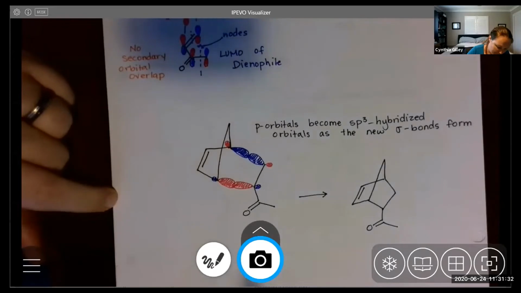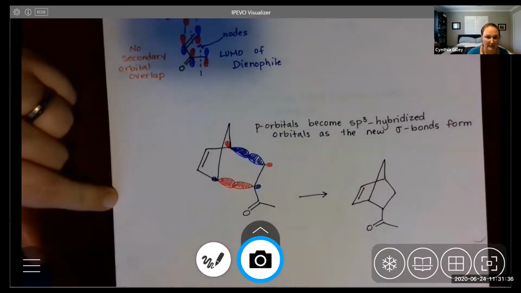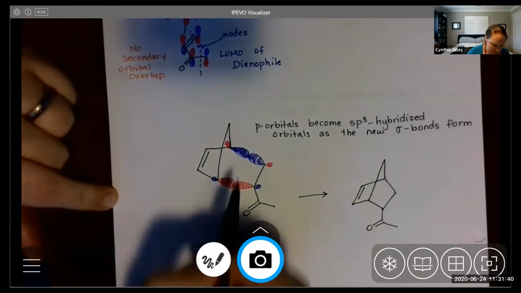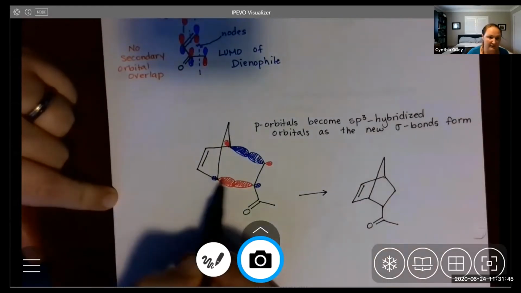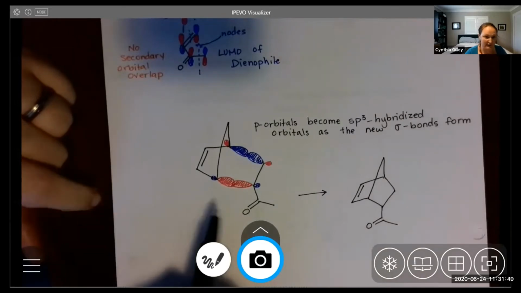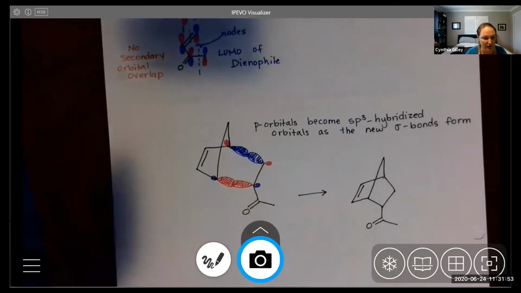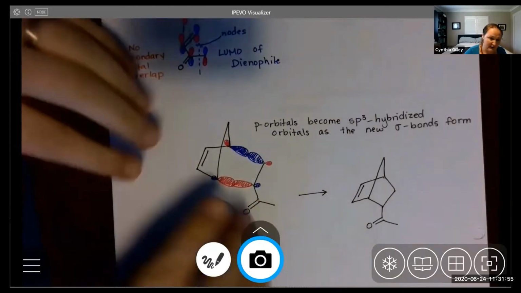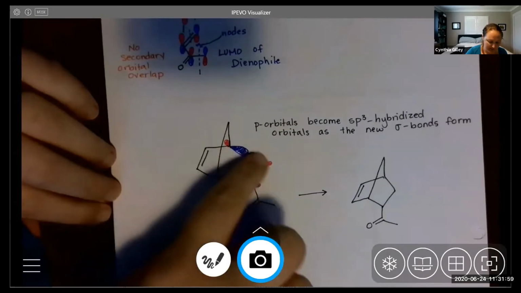And that now forms this new sigma bond, which is an overlap of 2 sp3 hybridized orbitals. Same with these. So that's essentially what's happening: the p orbitals do a top to bottom overlap, and then a rehybridization occurs. The dienophile comes up into the plane with this part, so it can form a 6-membered ring.